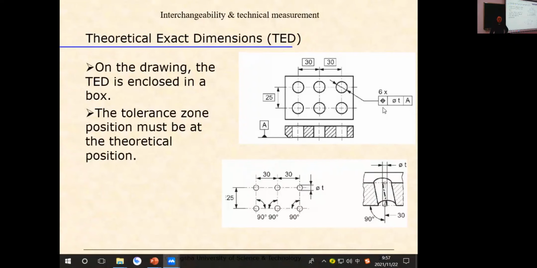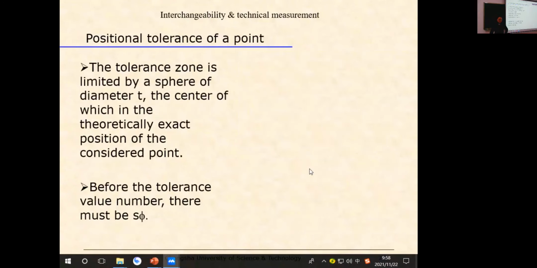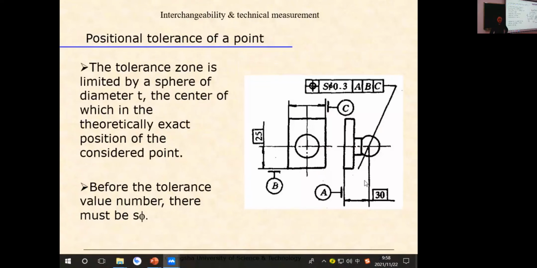So the requirement is that datum A is this surface, and this axis is perpendicular to this surface, with tolerance T. The tolerance zone is limited by the sphere of the diameter T, like this one.